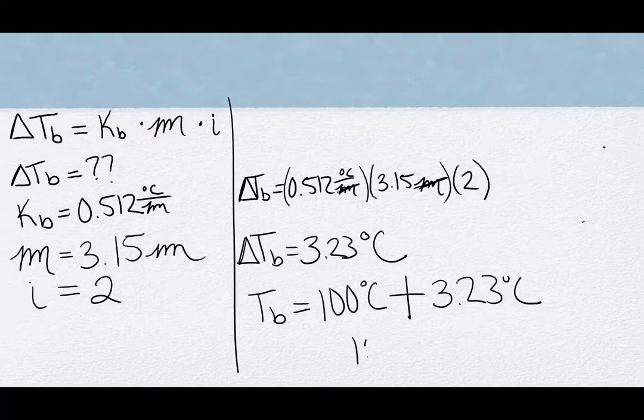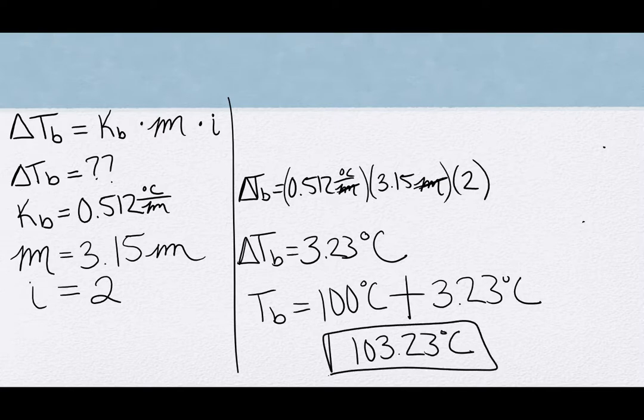So the correct answer is 103.23 degrees Celsius. Again, if I teach you nothing else, you need to ask yourself, does this make sense? So boiling point elevation, we would expect the boiling point to go up, and it does in fact go up.